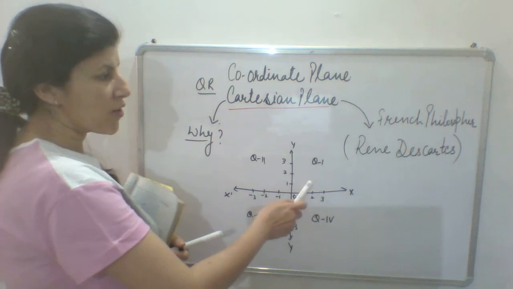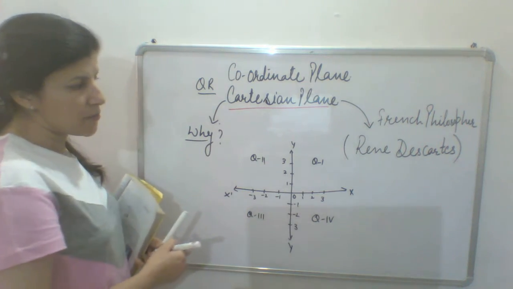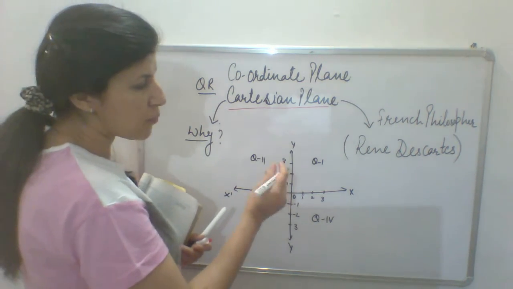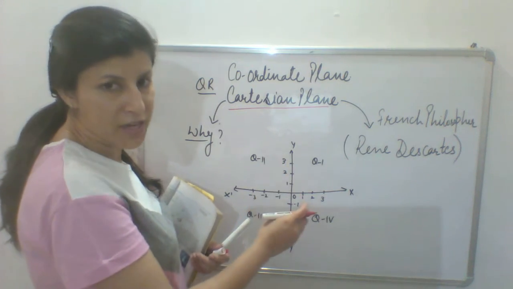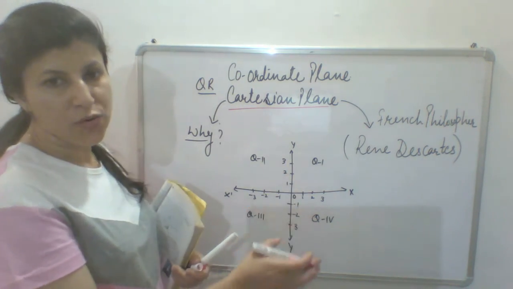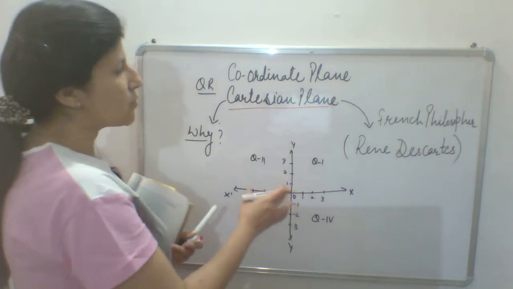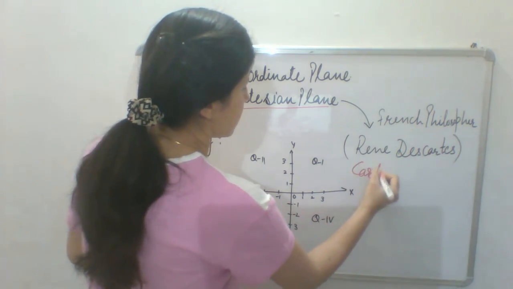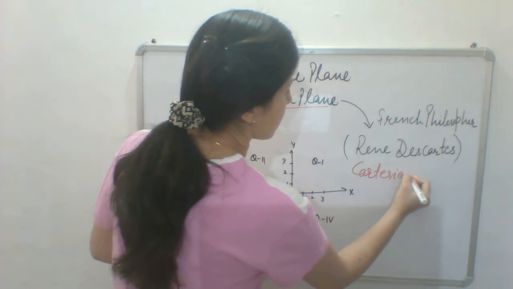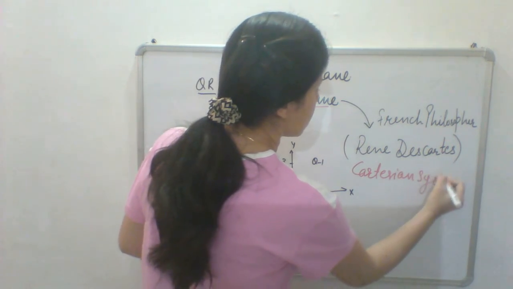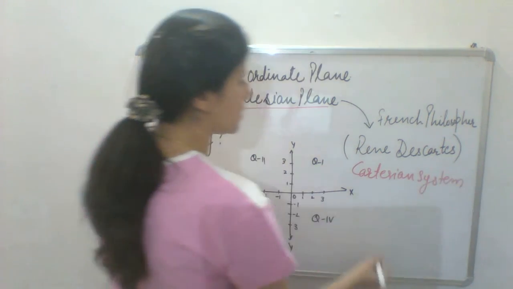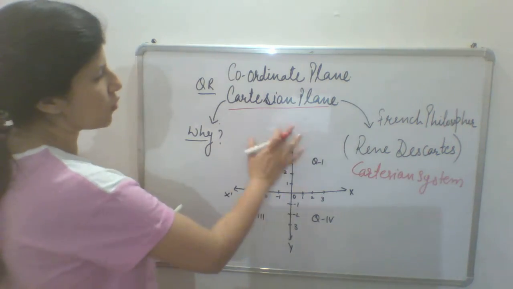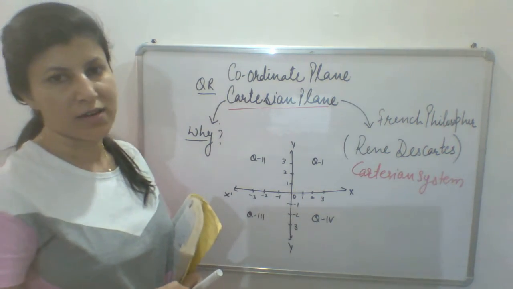And in honor of Descartes, with the help of this system, we can plot any point in a plane with the help of two perpendicular axes. This system is also known as Cartesian system. Right? And this plane is also known as Cartesian plane. Right?